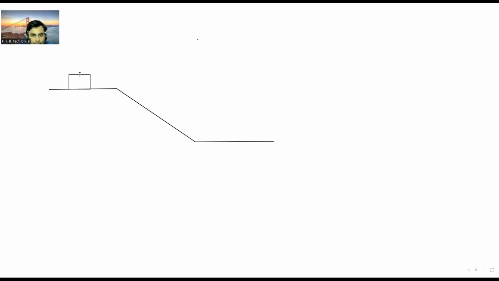This is the block, and the second block is kept over here. And one more block, a third block, is at this place.